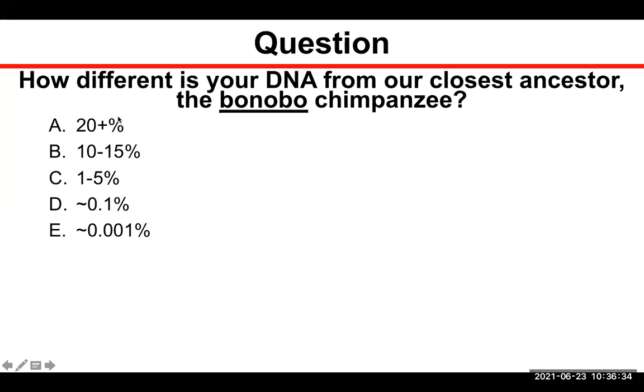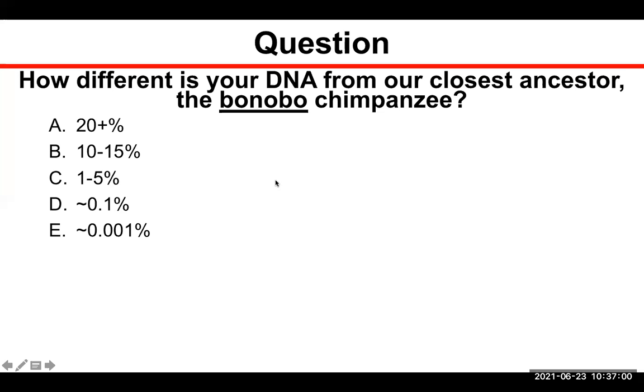All right, so 57 of you guys have given your answers. So let's go ahead and share these results. So interesting. I feel like a lot of you guys don't really know. So the answer is C. It is 1 to 5%.